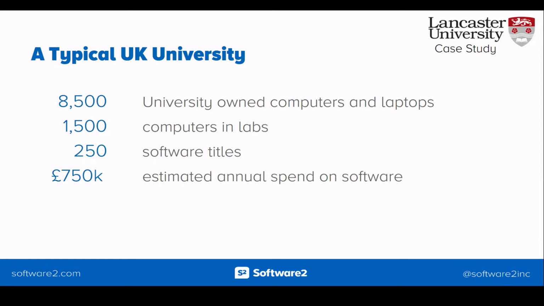So the spend on software annually was around £750,000, so quite a significant service that we were trying to provide to staff and students. And we also knew from our network registrations that our students brought 15,000 personal computers and laptops to campus each year.